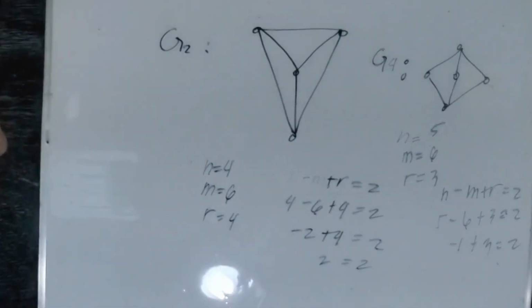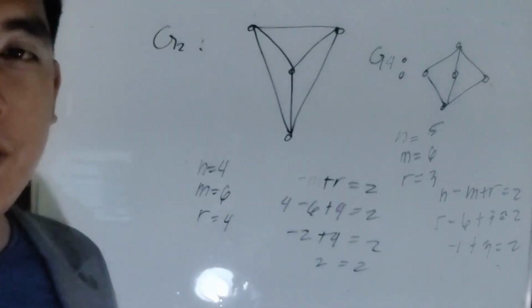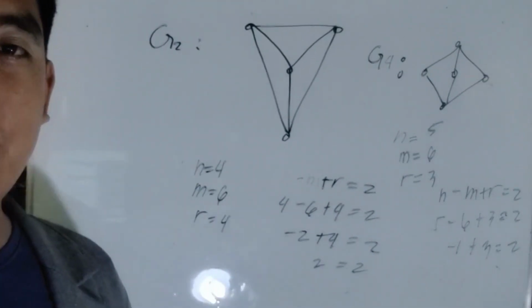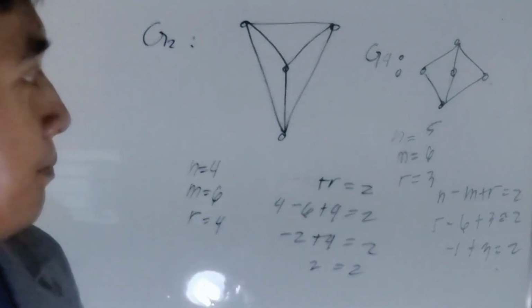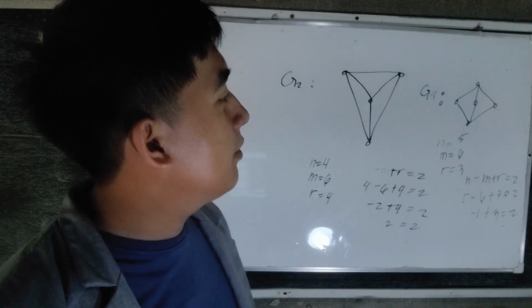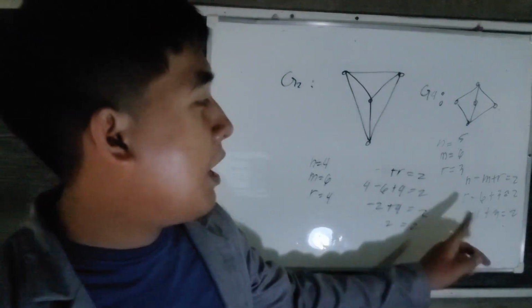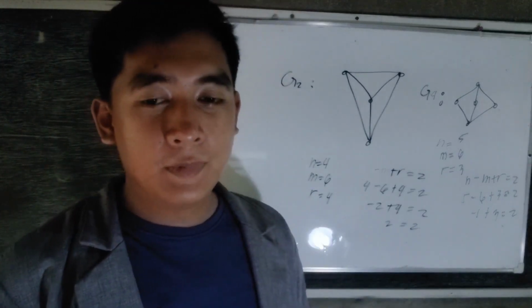Negative 2 plus 4 is equal to 2. 2 is equal to 2. Let us consider another connected plane graph, G4, with 5 vertices, 6 edges, and 3 regions. 5 minus 6 plus 3 is equal to 2.